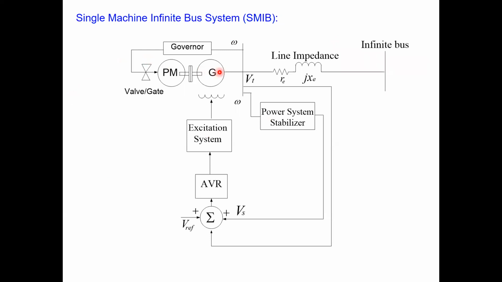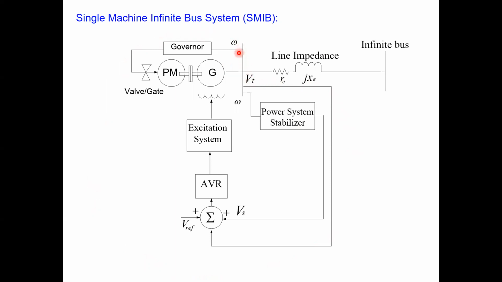Now, because we want to analyze system behavior, and mainly we are interested in analyzing the behavior of the generator which is connected through the line to this network, we have to consider all the modeling aspects of this generator.